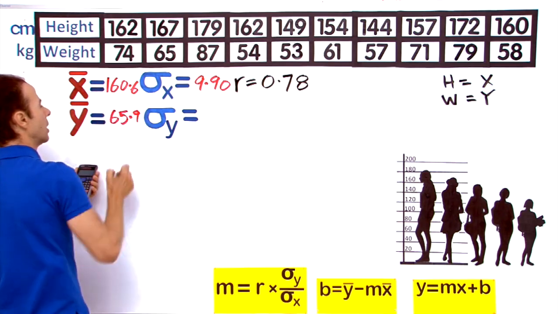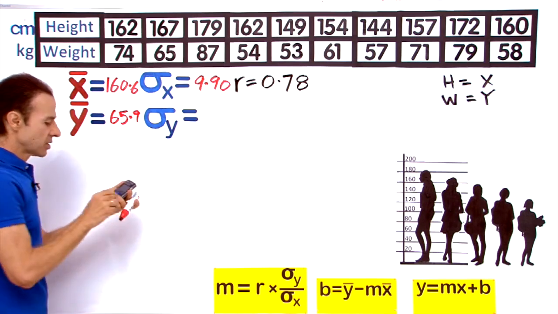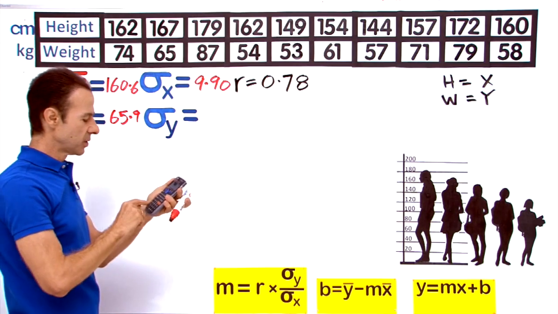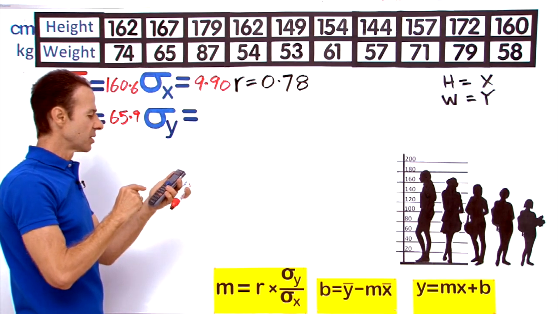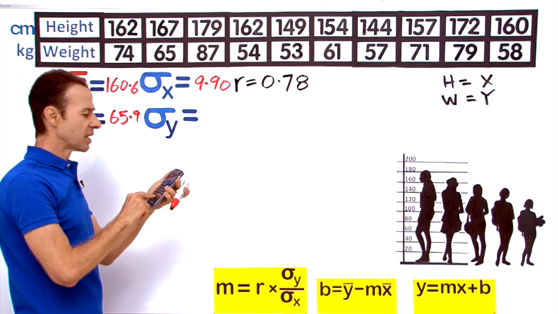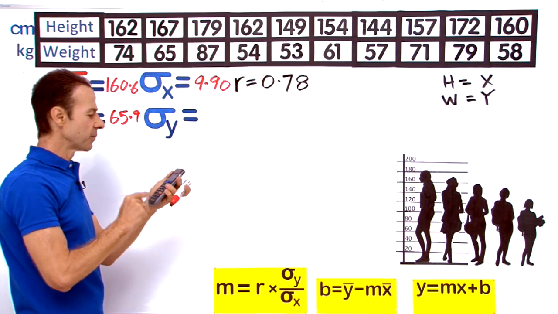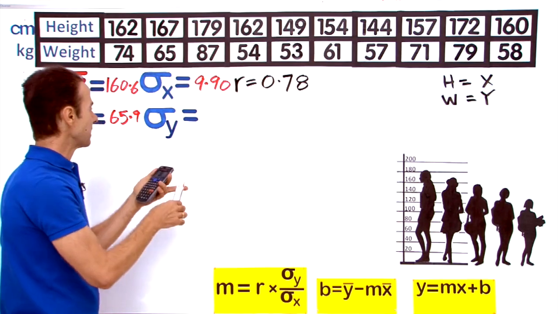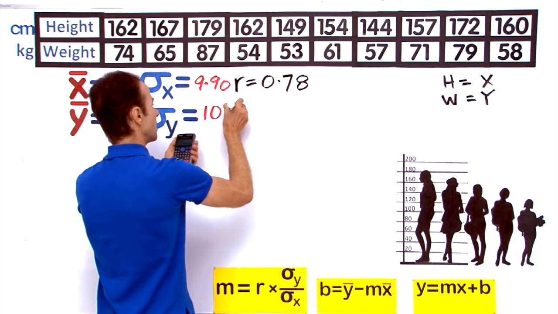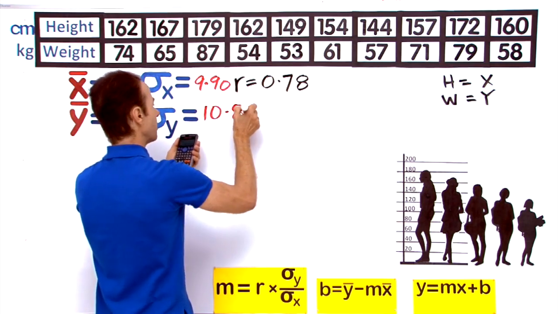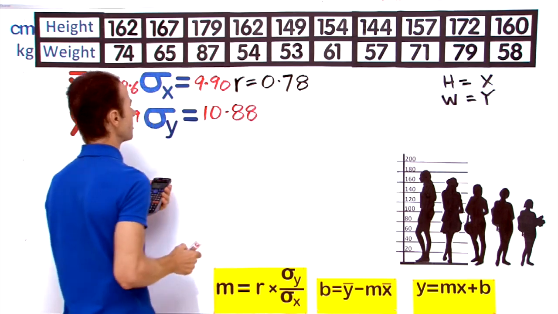Okay, now let's clear AC, Shift 1, variance 4, and press number 6 for the standard deviation of y, then press equals again, and that's 10.876, and that rounds up to 10.88 to two decimal places.